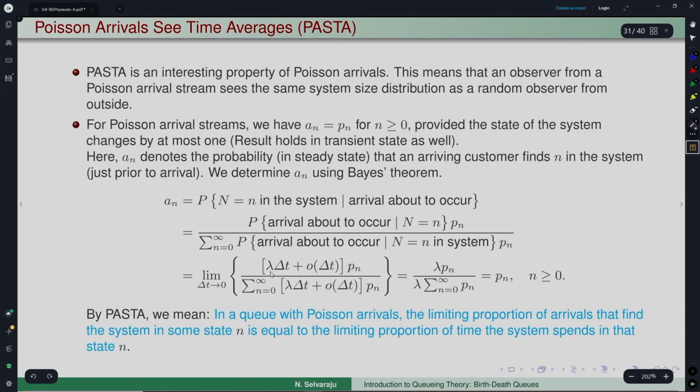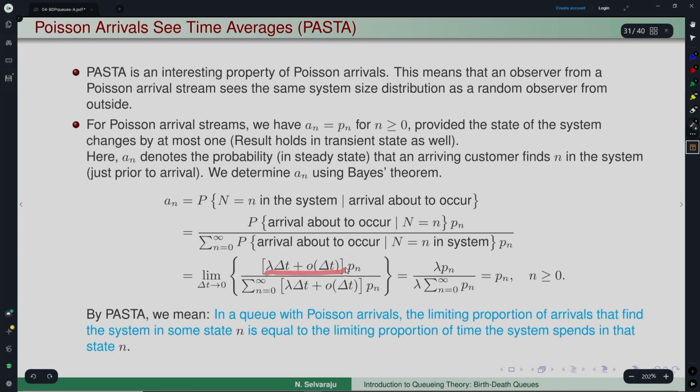So, this is equal to lambda times delta t plus order of delta t, right. There is one arrival in an interval of length delta t, which is what we are considering. So, that would be equal to this quantity which we already know, times Pn, divided by the same kind of quantities in the denominator, now as delta t tends to 0. That is the limiting quantity that we have defined.